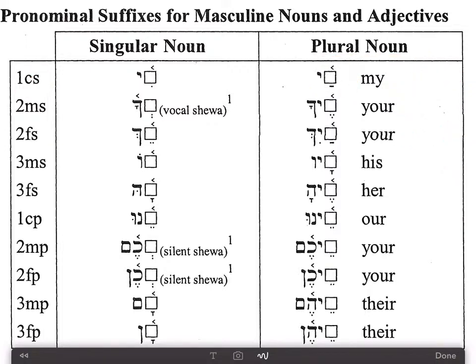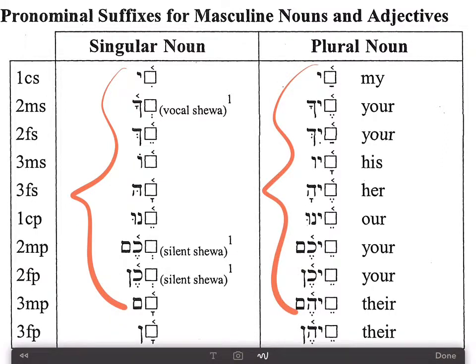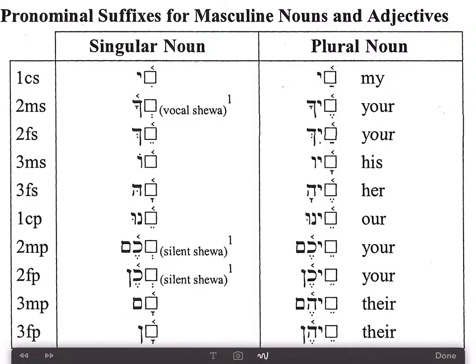The second piece of that puzzle is that it's going to be very important that you memorize these suffixes correctly in both the singular and plural columns and know which one you're using. Now the textbook, I'm looking at page 75 right now here at my desk, does list singular nouns on the left column and plural nouns on the right column.